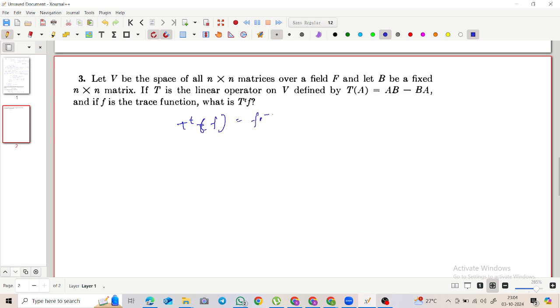That is f compose T. So T transpose f of A is f compose T of A, that is f of AB minus BA. Why do you think it should be 0? If f is a trace function, right? That is trace of AB minus BA is 0.